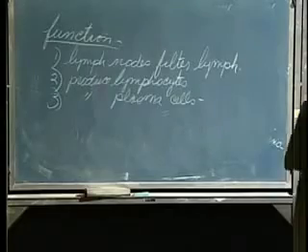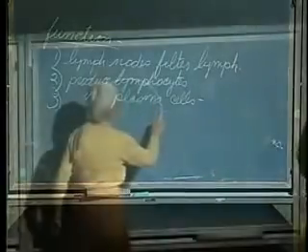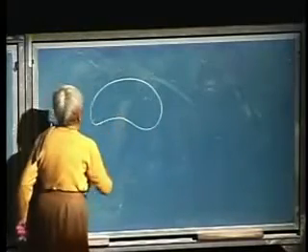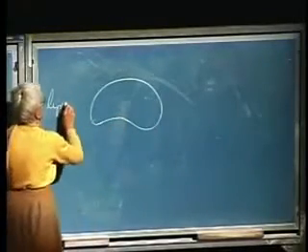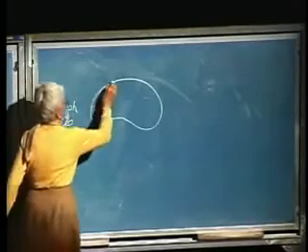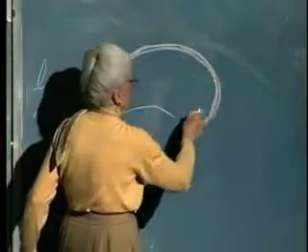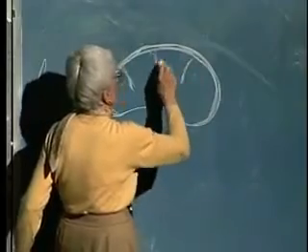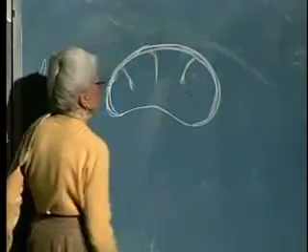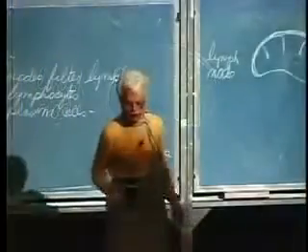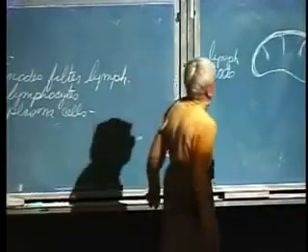We have, make them big just so you can see them, these oval lymph nodes. We're again going to have a connective tissue capsule. We're going to have some trabeculae. But what is different here is the arrangement of the vessels coming in and going out.